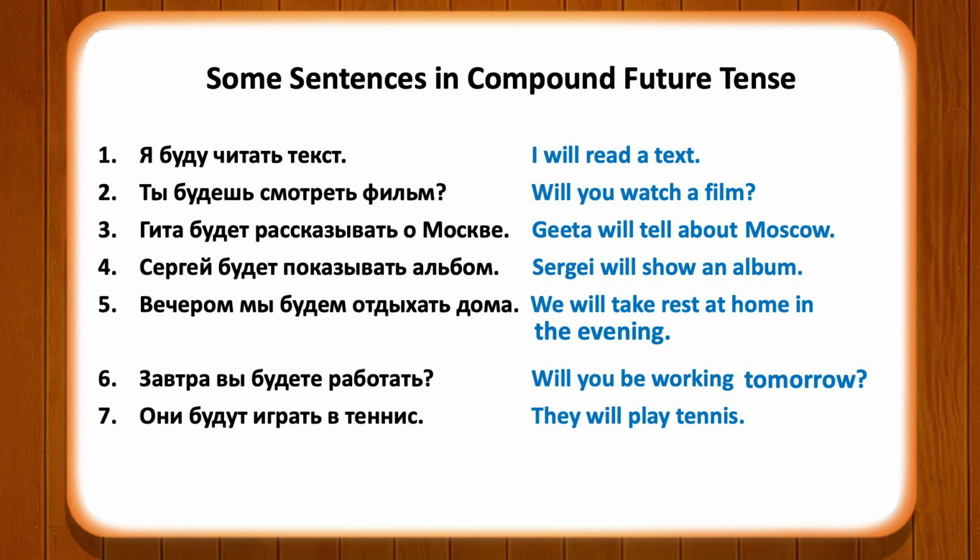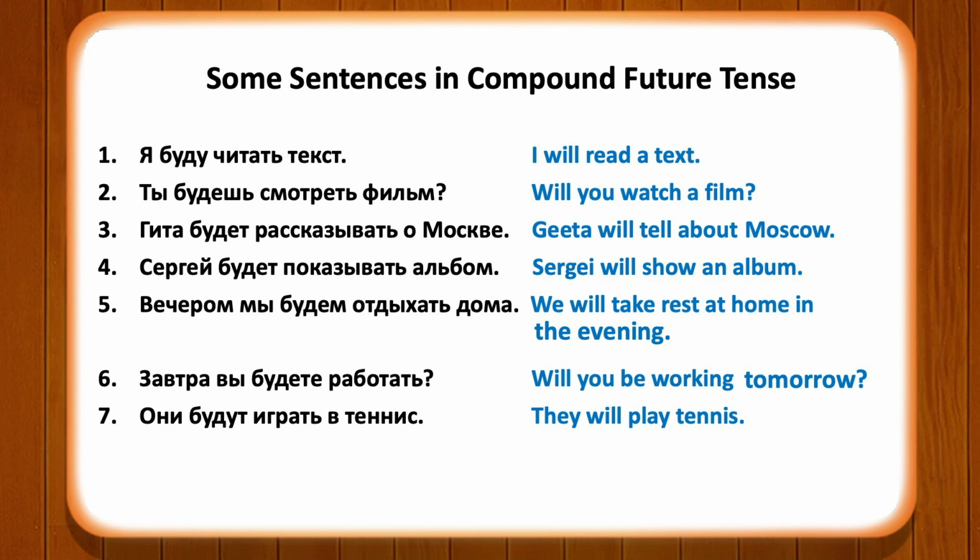Sergei is the name of a boy. That is why the conjugated form of the verb быть is taking the form of будет. Сергей будет показывать альбом. It means Sergei will be showing an album, or Sergei will show an album.